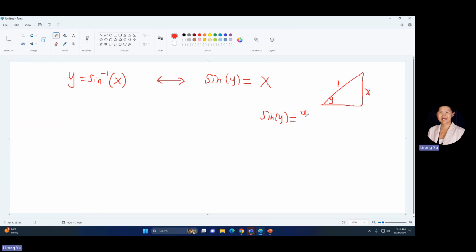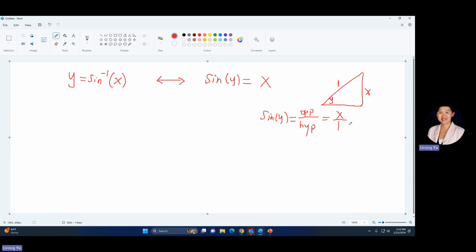That's trigonometry in a triangle: sine of y equals opposite over hypotenuse, and the way I draw it, I'm forcing the hypotenuse to equal 1. So this is 1, this is the x, and that way sine y equals x.